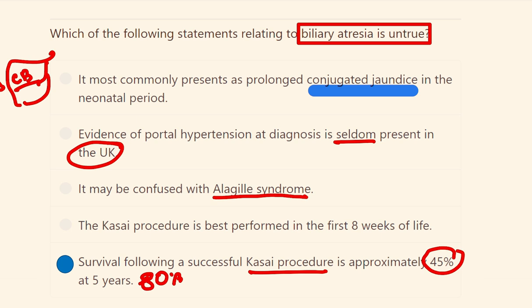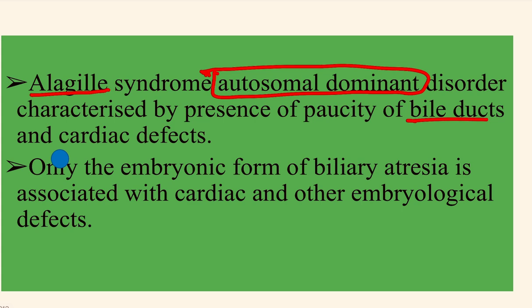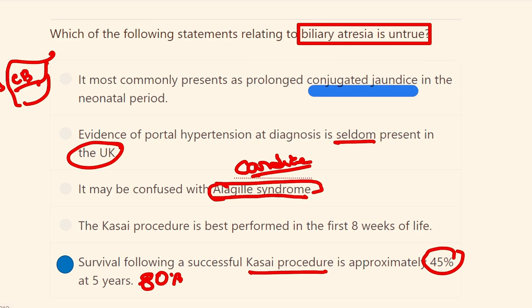It is also true, because Alagille syndrome has cardiac abnormality, and biliary atresia also has cardiac abnormality, and both are characterized by bile duct pathology, so they may be confused. The Kasai procedure is best performed within the first 8 weeks of life. It is also true.